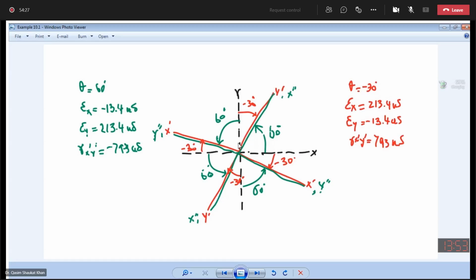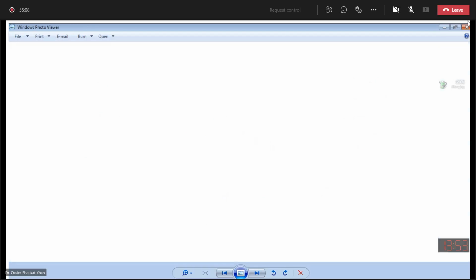The point to be noted here is that the strain over the plane remains the same whether you designate it as x dash axis or y dash axis. Is this point clear? Yes, sir. Earlier I told you that over the plane, your stress will remain the same, whether it's the x-axis or y-axis. Correspondingly here, your strain will remain the same.